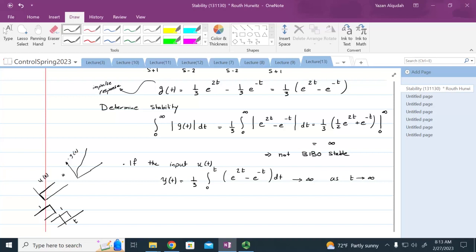Just because, again, u of t, when we flip it, is going to look something like this, and then when we slide it by t seconds, we multiply these together, it's going to equal the integration from 0 to t. This signal is 1 multiplied by g of t. So I feel like this is 1 multiplied by this. Does that make sense, everybody? Okay.